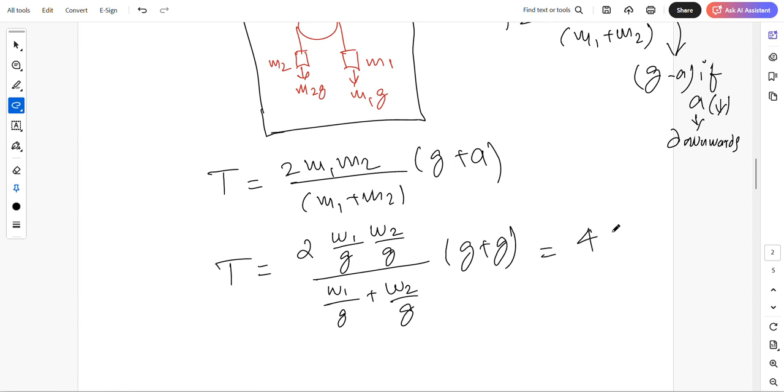All these cancel, and 4 W1 W2 divided by W1 plus W2 is the right answer.